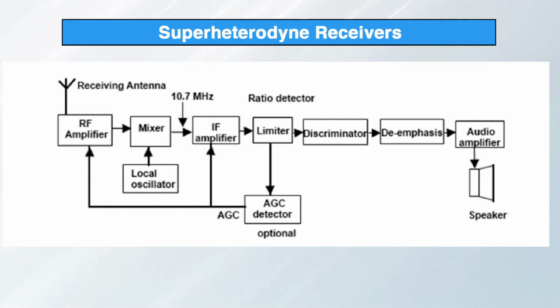Most of the blocks are common as compared to an AM superheterodyne receiver. The RF stage is common, the mixer stage is common, the IF stage is common and the audio amplifier stages are common. But in addition to that, we have the limiters, discriminators and de-emphasis. De-emphasis we already discussed in great detail.